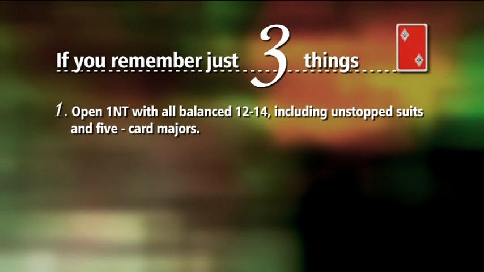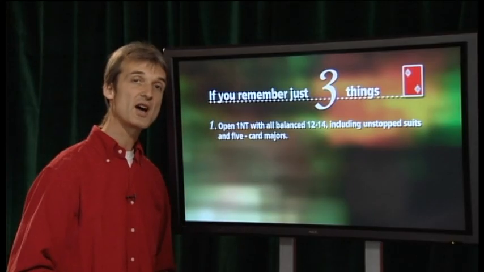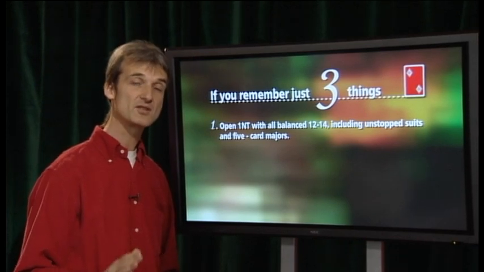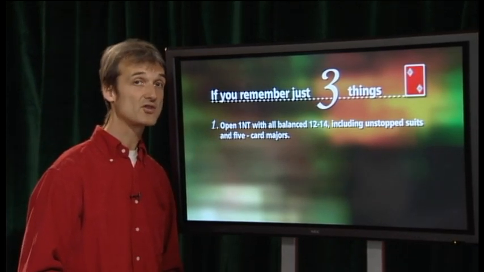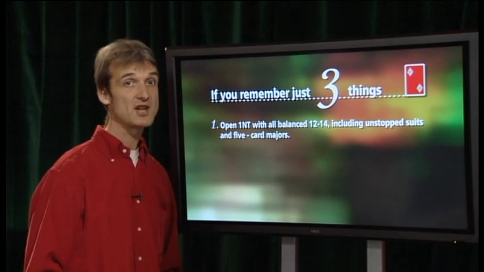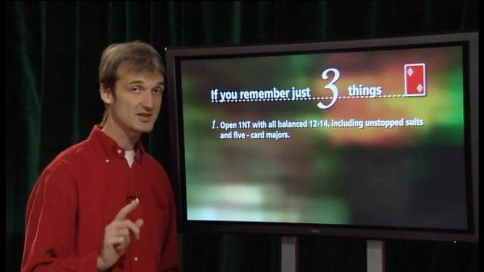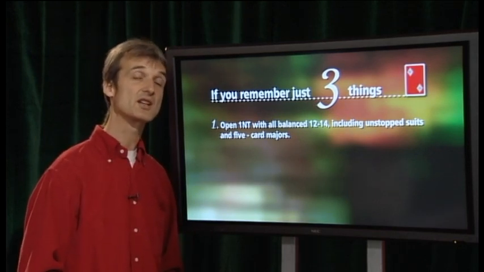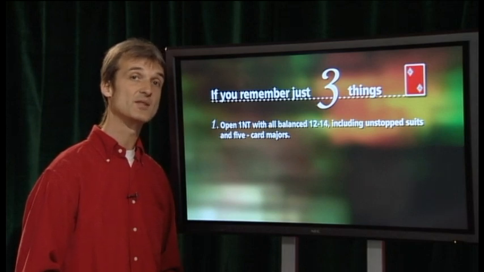Even if you have suits that are unstopped, in other words, no ace, king, queen, and also if you have a 5-card major. This latter point is quite contentious, but the modern school is very much to open the bidding 1 no trump when you have a 5-card major in a 5-3-3-2, because it does describe your hand so accurately and it avoids the need for a rebid.